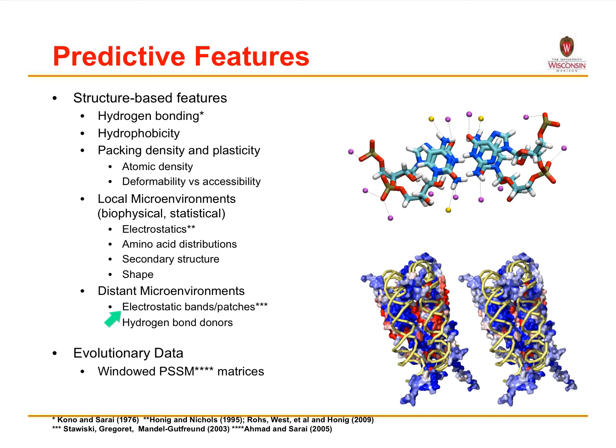The idea was to see if we could find some bandedness, like stripes of positive potential, that matched how DNA was laying down on the protein surface. In addition, we used some evolutionary data, so information collected from close homologs of the protein.